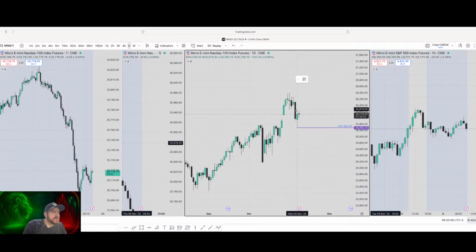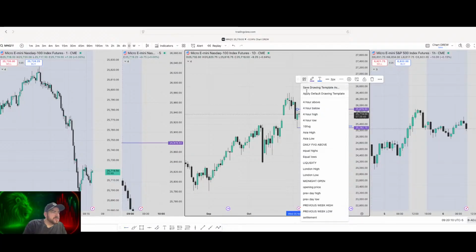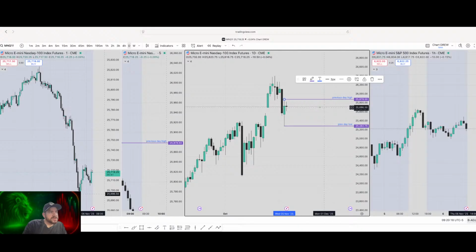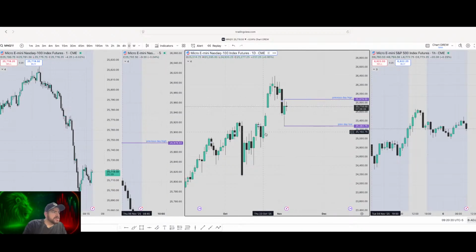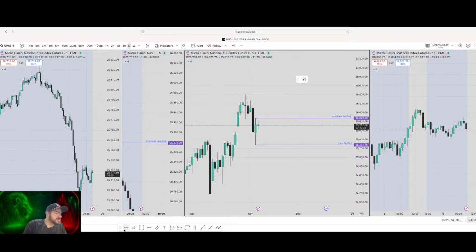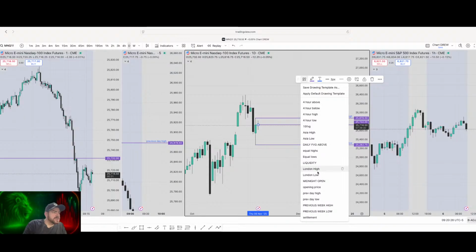Areas of possible liquidity sweeps right here. So we might sweep that. We'll see. Targets. Gonna mark the opening price of the daily candle.